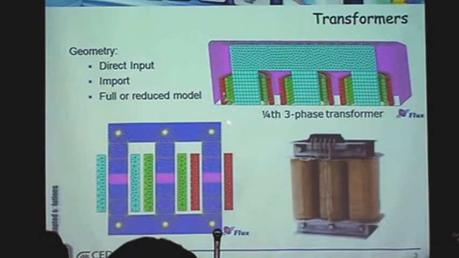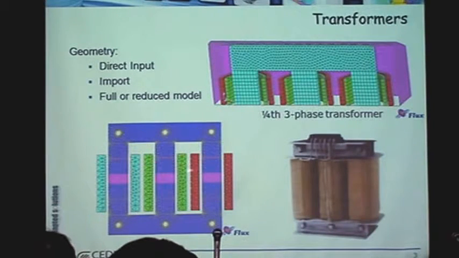But the other thing is we can do a full or reduced model, because most of the time we're going to work in 3D. For example, this one is shown in 2D, but this is kind of a transformer. You can adjust the air gap. It's more a reactor, a power reactor, or something like this. It's shown in 2D, but actually this machine should be in 3D because it's not so thick.